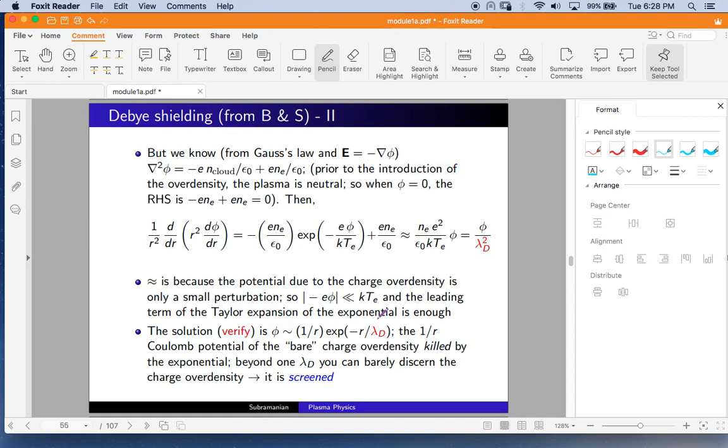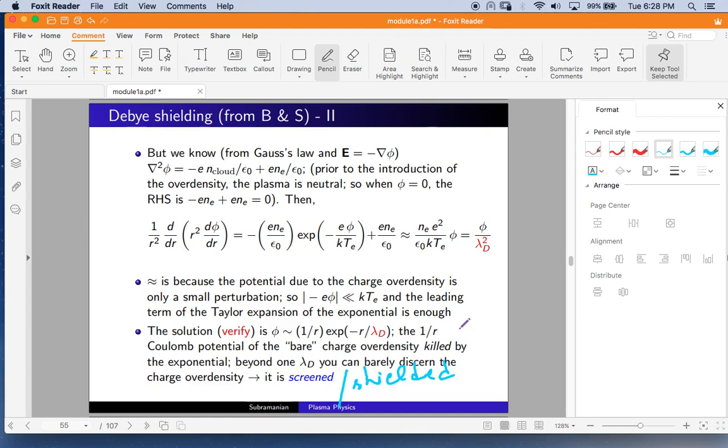That's what you mean by saying that the charge over density is screened, or shielded. And this is what one means by Debye shielding. You go 1 Debye length away, or a couple of Debye lengths away, definitely 10 Debye lengths away, the effects of any kind of charge is completely shielded. It's totally screened.